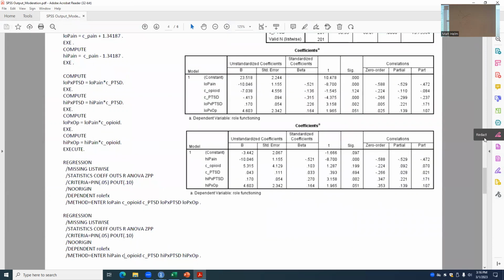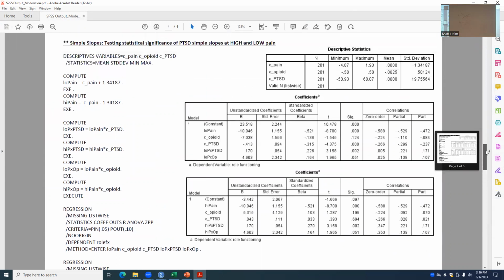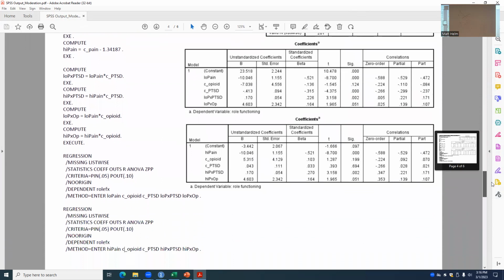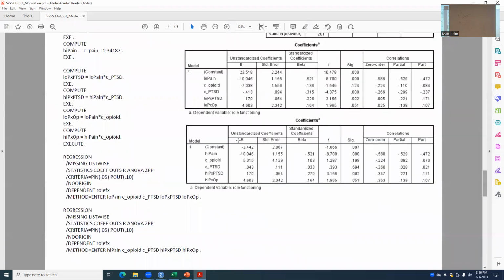If I go through and I take a look at what I've got here, so remember what I'm doing is my hypothesis is that the association of PTSD and functioning is going to depend on levels of pain. I had evidence for that interaction in my first model, right? Which tells me that the unique effect of PTSD on outcome is in fact conditioned on pain, right? The level of pain people are reporting does matter.